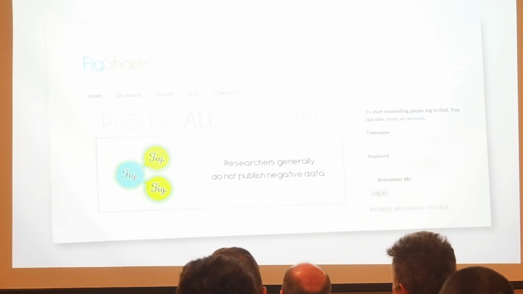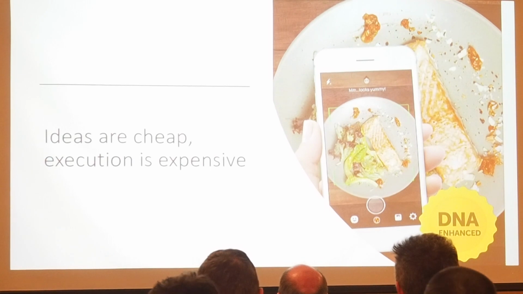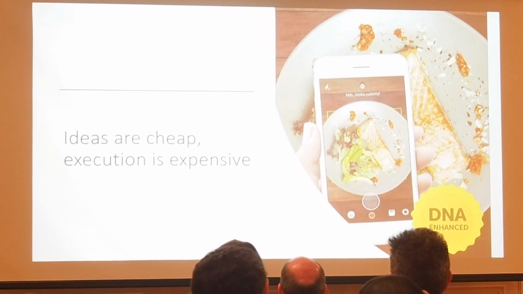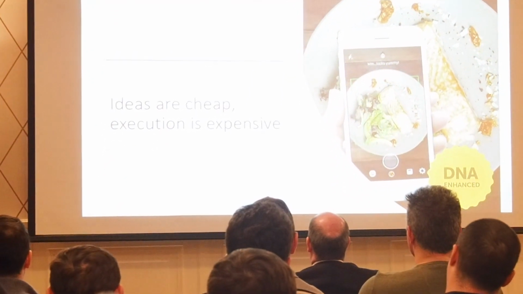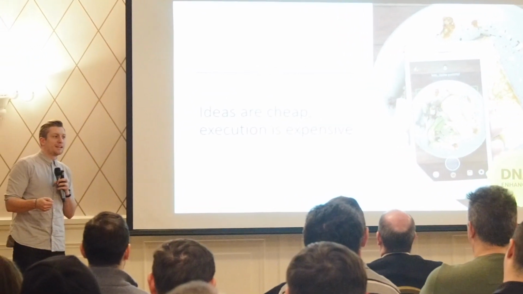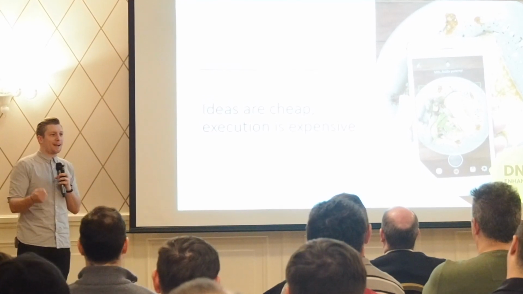The other thing here is I use this photo on the right-hand side. My girlfriend sent me this picture saying, I can't believe they stole my idea. This is an app that you take a picture of your food, and it tells you how many calories are in that food, and tracks it for you.